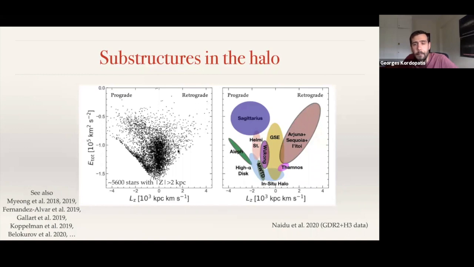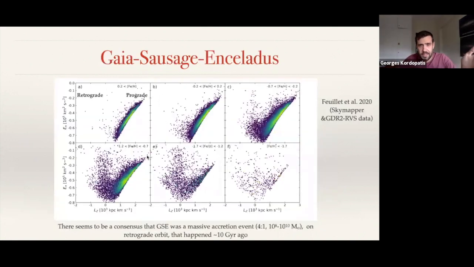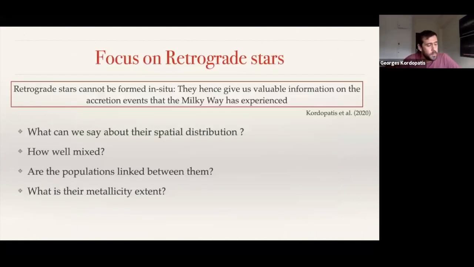You have another massive event that is suspected and dubbed Sequoia, and you have many of those substructures in the halo. As you can see, they are overlapping, not only in energy-angular momentum space but also in metallicity space, right? It's difficult to say whether they stop or begin.